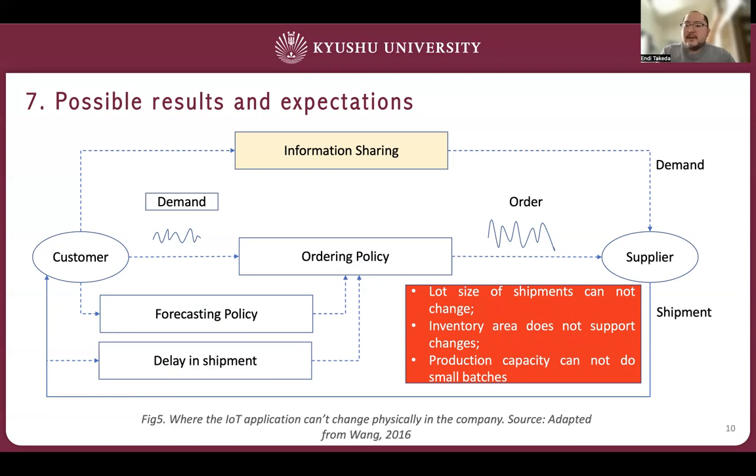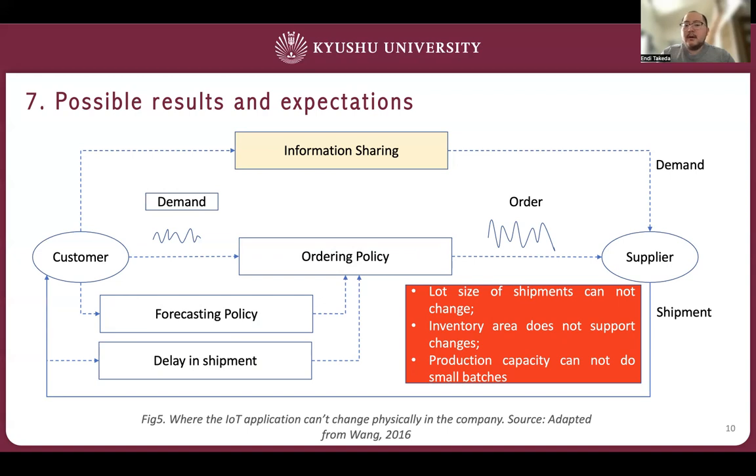They cannot change the inventory area because the inventory area cannot support the product flow that they want to make. The other one is that production capacity cannot do small batches, because of limitations of the machine or the production line itself, which can only produce a certain number of big batches that cannot be changed.